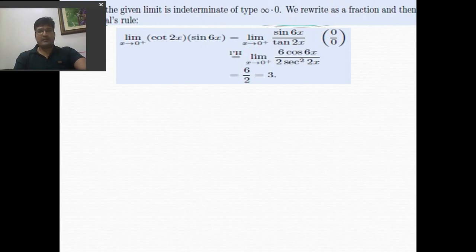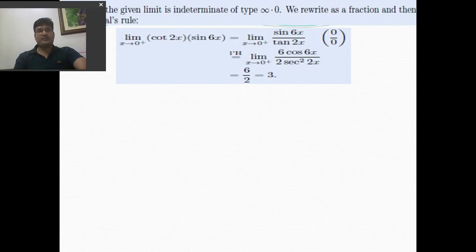Now applying L'Hopital rule, the differentiation of numerator sin 6x is 6 cos 6x, and separately the differentiation of denominator, the differentiation of tan 2x, is 2 sec square 2x. Now put the limit x is equal to 0. 6 cos 0 divided by 2 sec square 0, that is 6 upon 2, it means 3.